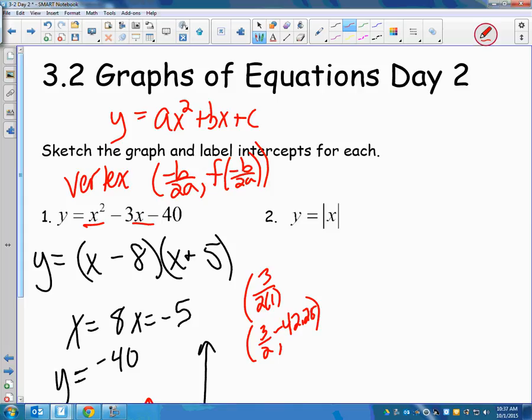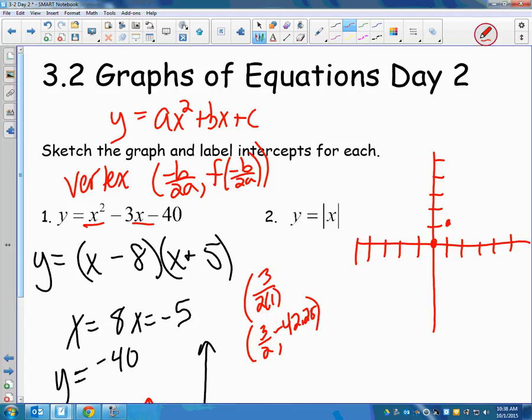What about absolute value? What kind of graph is an absolute value graph? A V-shaped graph. So I call this the parent graph, because all the other graphs go from it. But absolute value, remember, always means positive. So if you graph an absolute value, when you plug in a positive number, you just get the same positive number back. So when you plug in 0, you get 0.